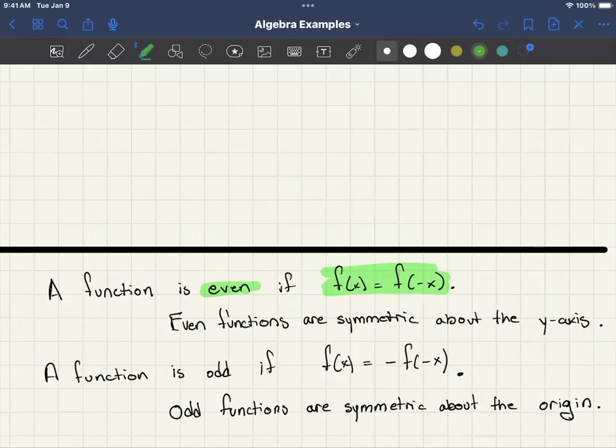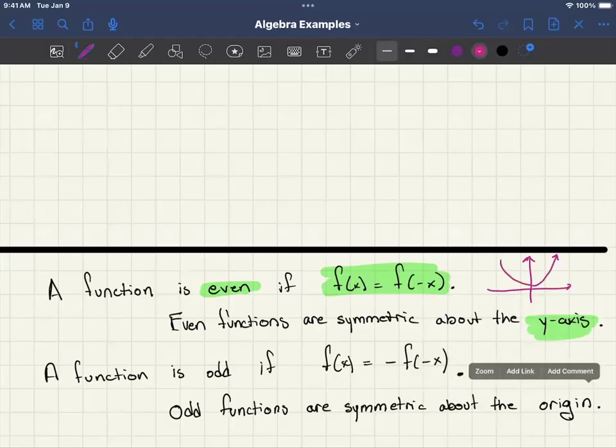And we can see this graphically rather than algebraically. It is going to be symmetric around the y-axis. So I'm going to draw up a little picture here. We use the word even because some of the functions that are even look like y is equal to x squared, or y is equal to x to the fourth.